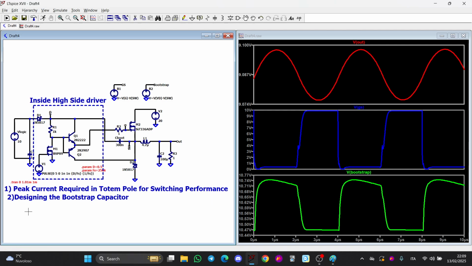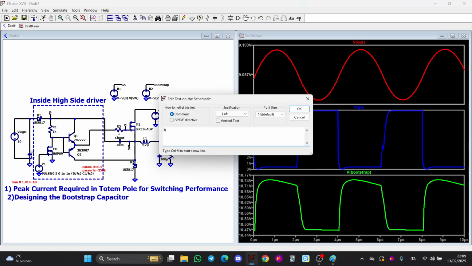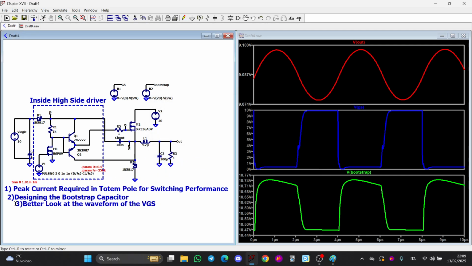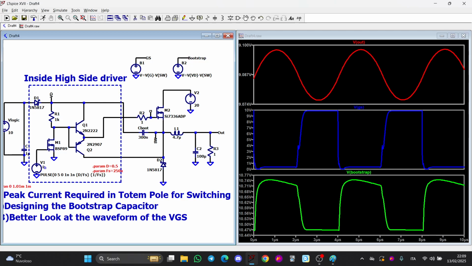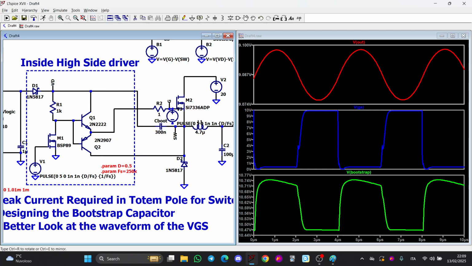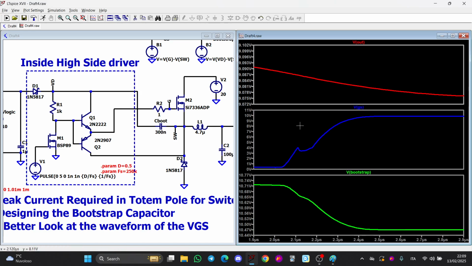And third, it gives a better look at the waveform of the VGS. Because you are not imposing the VGS with a voltage source like this, but you are letting your MOSFET do the trick.